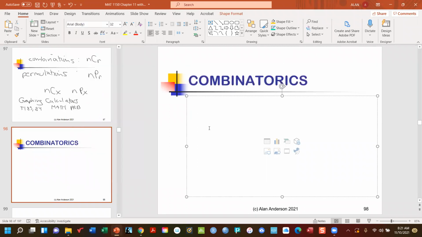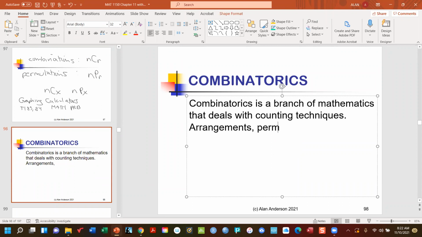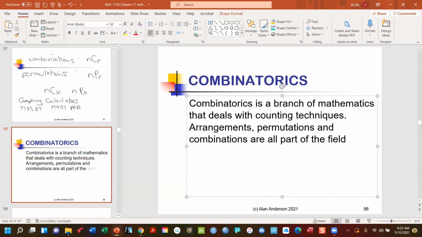It is a branch of mathematics that deals with counting, that's really what it is, counting techniques. So arrangements, permutations, and combinations are all part of the field of combinatorics.